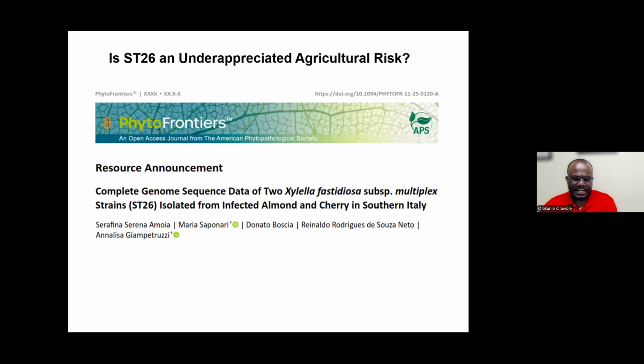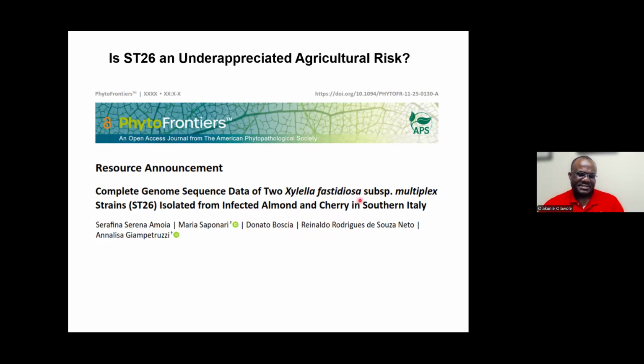And also, recently, the ST26 has been reported from plum in the USA and Brazil, and more recently in almond and cherry in Italy. This paper was published just last month, less than a month ago, which indicates a broader agricultural footprint than previously appreciated.